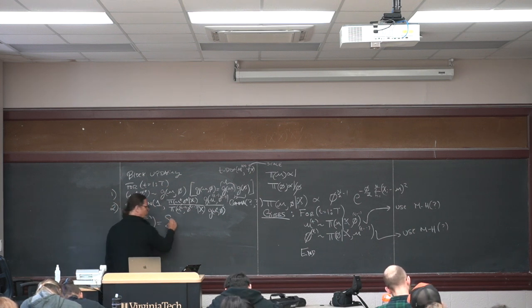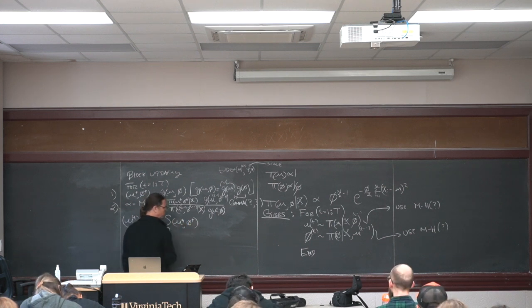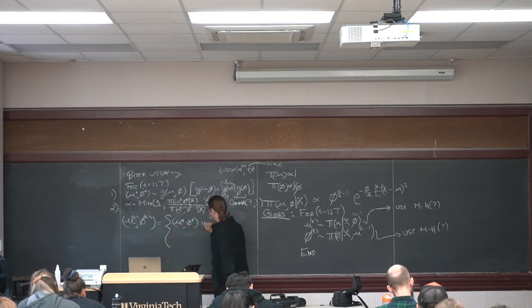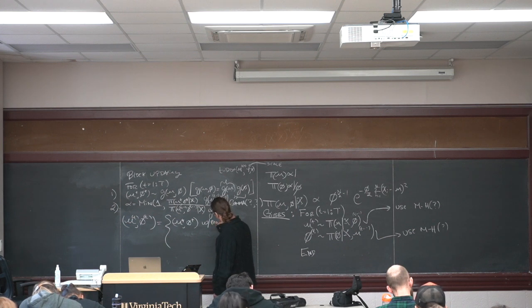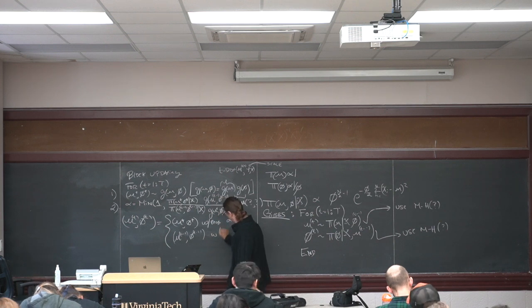This is going to be one of two things: mu star, phi star, my proposed location, which will happen with probability alpha, and mu t minus 1, phi t minus 1, which would happen with probability 1 minus alpha.